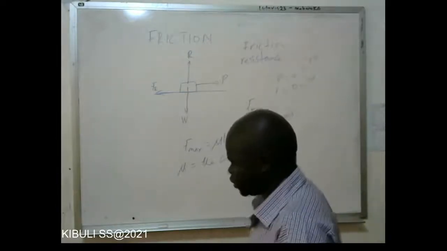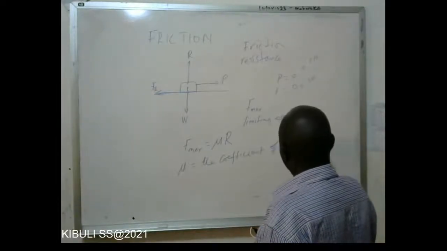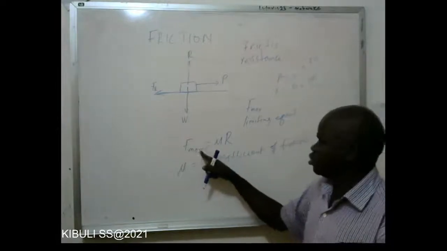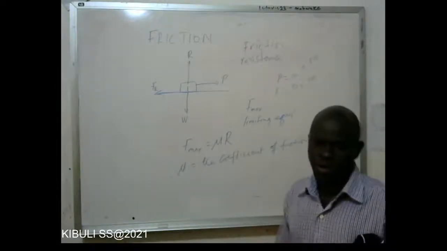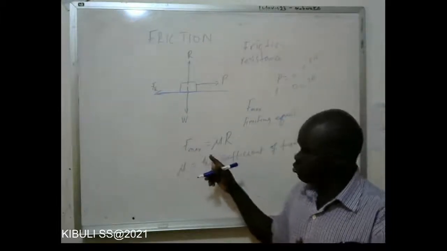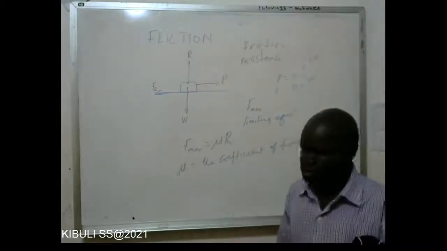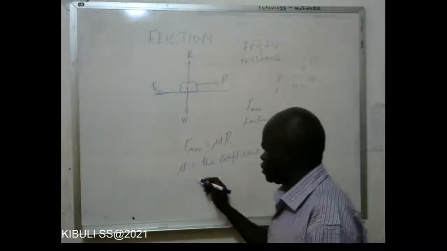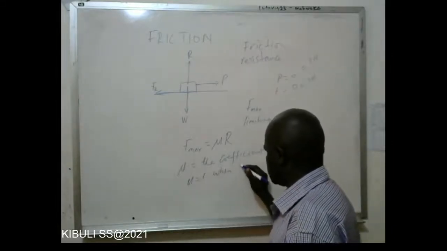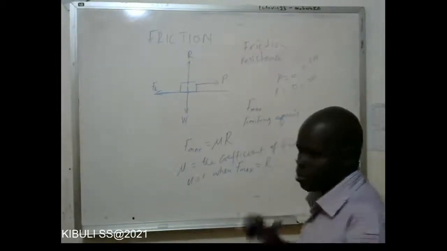By definition, it is the ratio of the maximum friction to the normal reaction. So when the maximum friction is equal to the normal reaction, the coefficient of friction will have a value equal to 1.